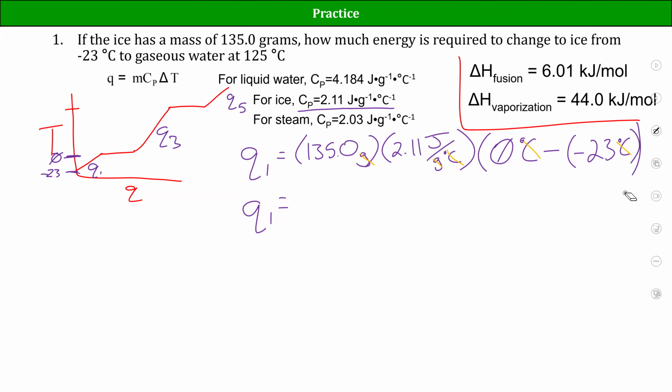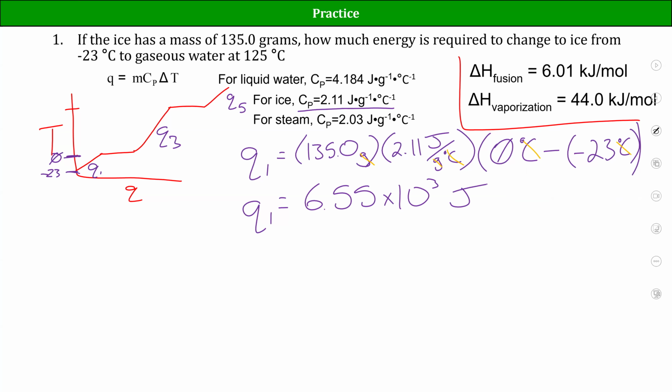Give me 3 sig figs. I just got like 6,551. There we go, so 6.55, you were doing it right. Okay. 6.55 times 10 to the 3 joules.